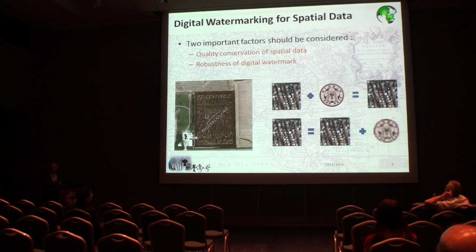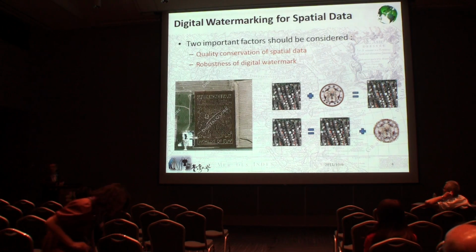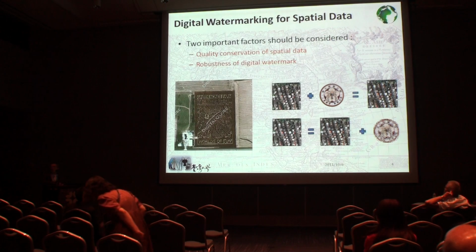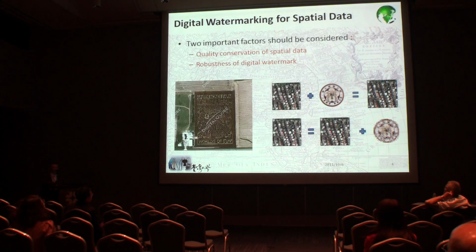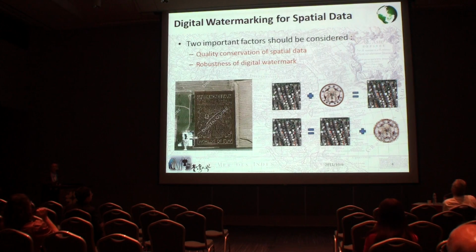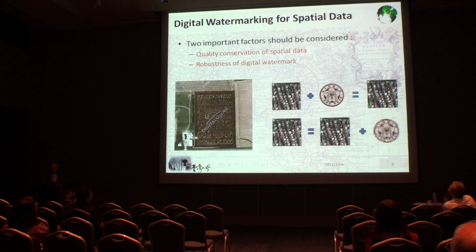If you take the image and do some image processing, like rotation, zooming in and out, or cropping, then these operations or image compression may destroy the digital watermark. So how to preserve the digital watermark is the robustness of the digital watermark.